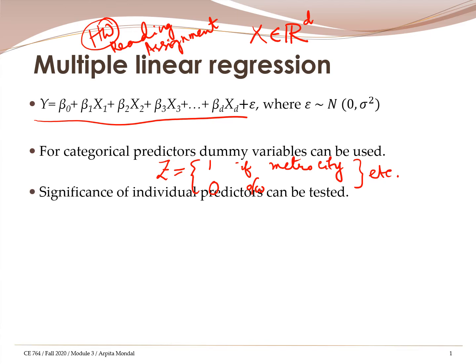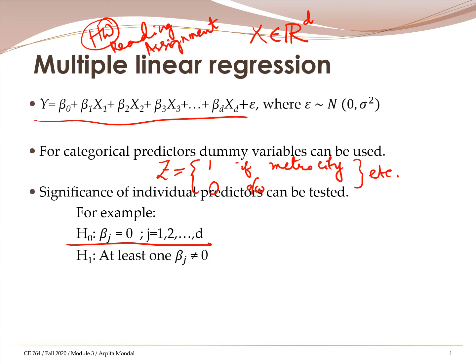Here, to check the significance of the predictors, our null hypothesis is that beta j is 0 for all j, so beta 1, beta 2, beta 3, etc., are all zeros. The alternate hypothesis is that at least one beta j is non-zero, where j varies from 1 to d, and we have d many predictors.